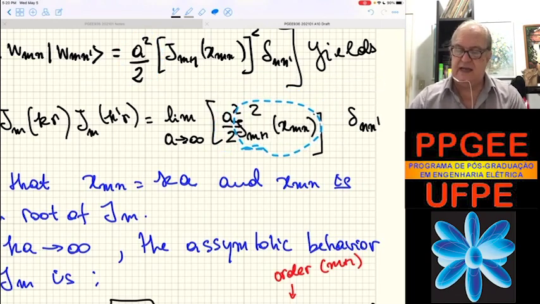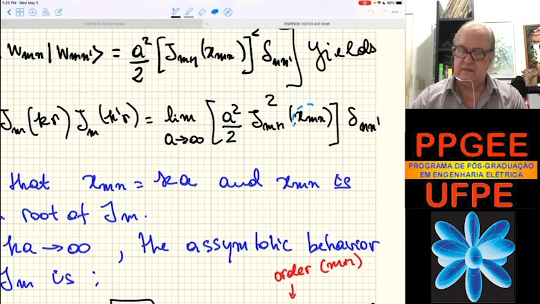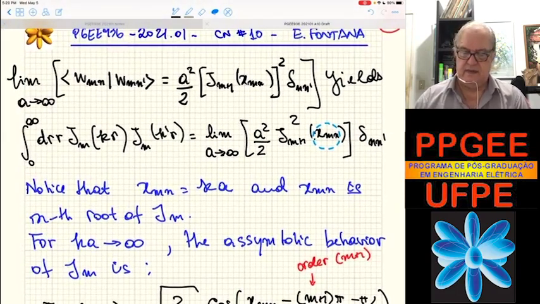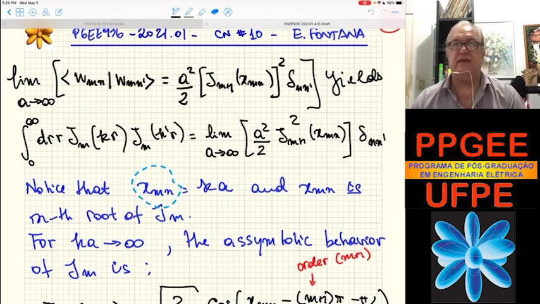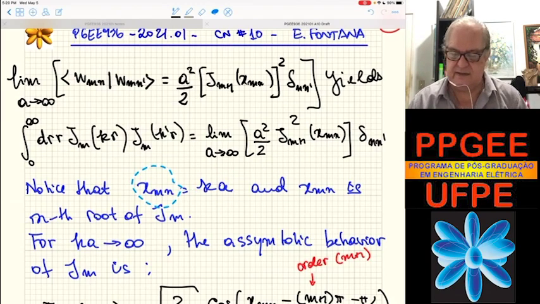So when the argument is large, right? What happens, you see xmn equals k times a. When a is large, we have large xmn. So the location of the cylindrical wall gets larger, and the roots are going to be displaced, right?